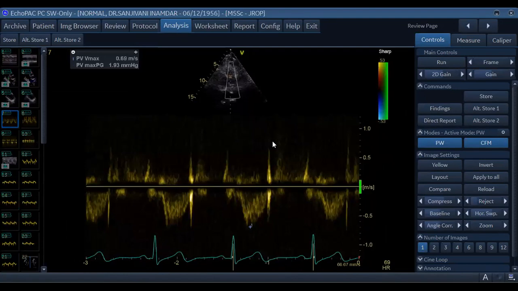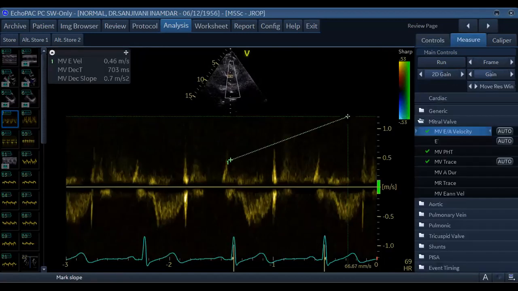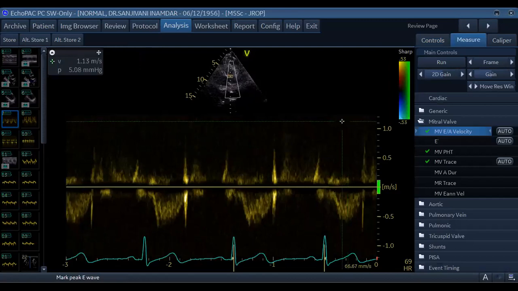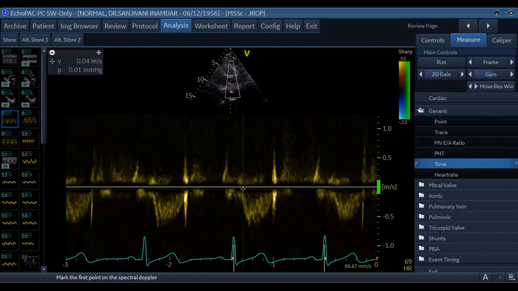To measure this pulmonic flow, I'll go to measure, then times, generic, then time. The acceleration time in this patient would be from this point to the peak.